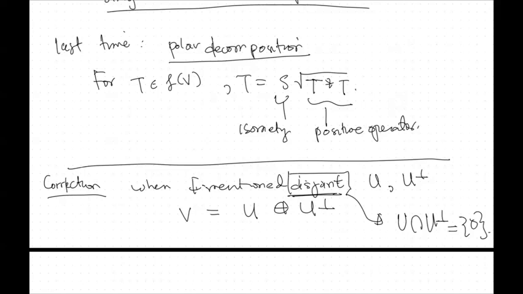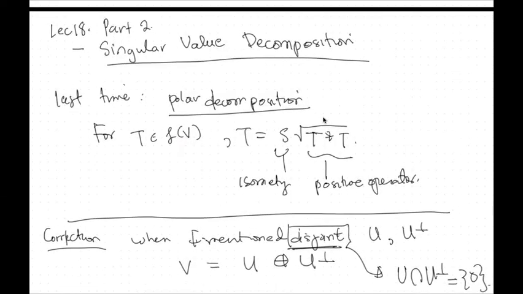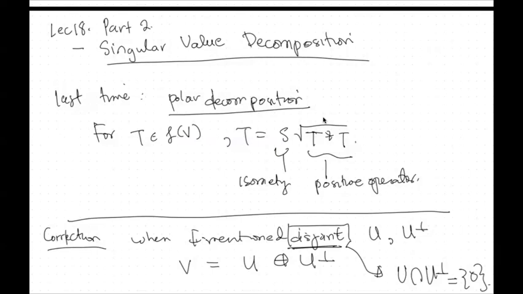We will continue with what we have last time. Last time we ended with the polar decomposition of a linear operator T, which is decomposed as the product of an isometry and a positive operator, where the positive operator is the square root of the product of the adjoint of T and itself.